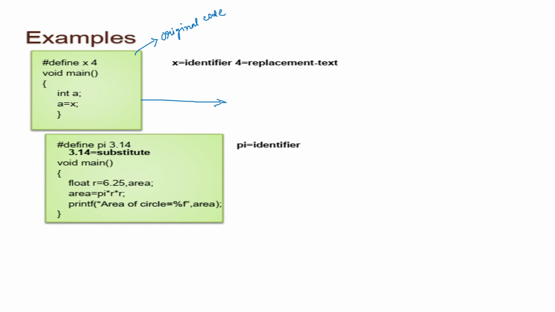After pre-processing, the define line vanishes, void main remains, int a remains, and a = x becomes a = 4, as x is replaced by the value 4.